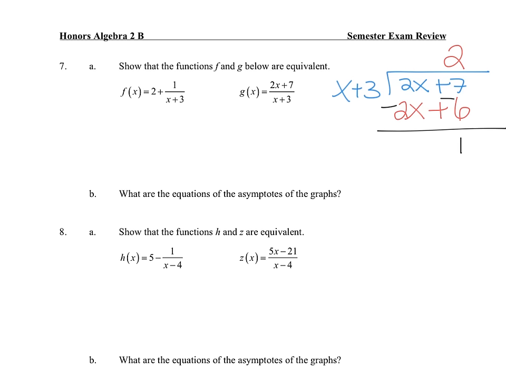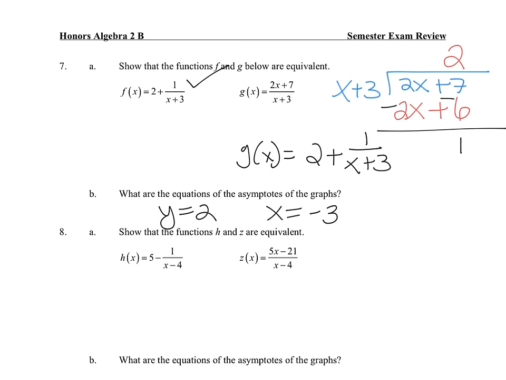So we can rewrite that as 2 plus the remainder over the denominator, which is the same thing as f of x. What are the asymptotes? So we have a horizontal asymptote at y equals 2 and a vertical asymptote at x equals -3.